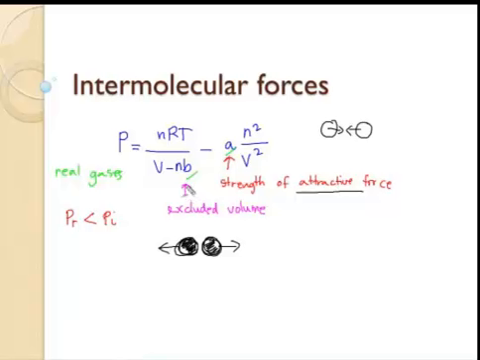Now if the constant b increases, this term here becomes bigger, and the pressure used to predict real gases becomes bigger than that of the ideal gas.